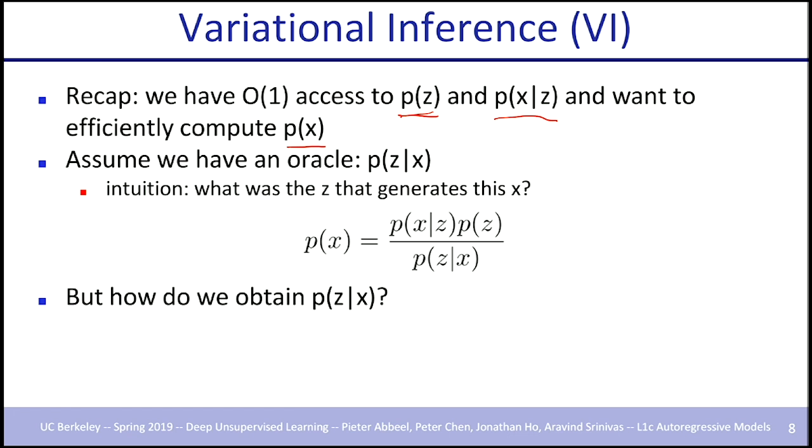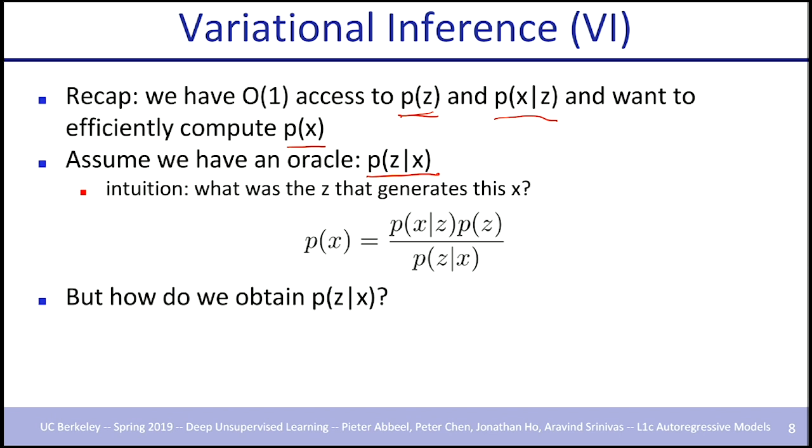One way to motivate this is to say, if I have an oracle that, given this X, tells me the distribution of Z that could have generated it, then I can evaluate the marginal fairly trivially.